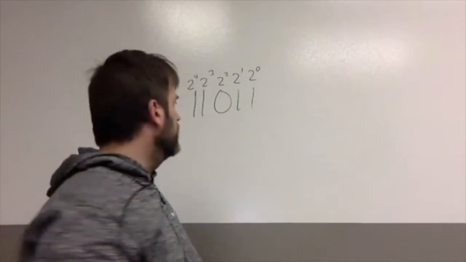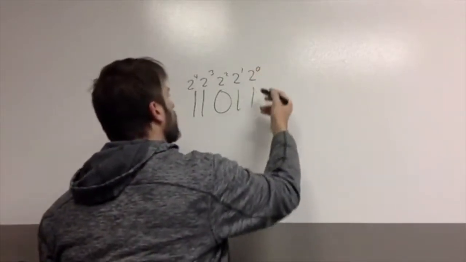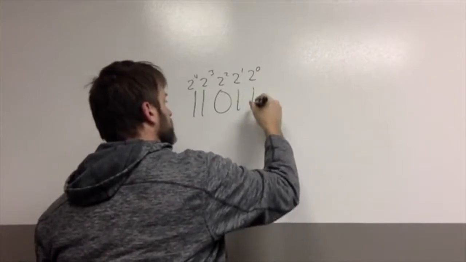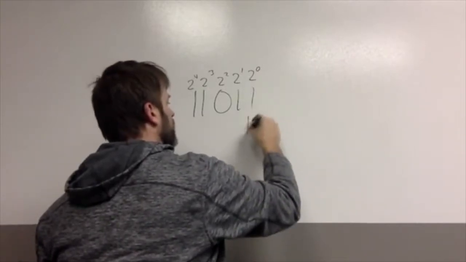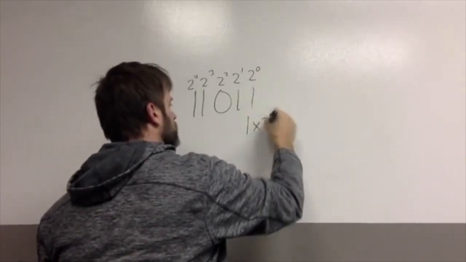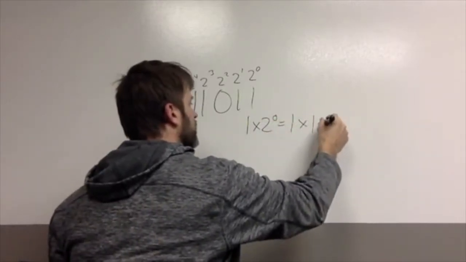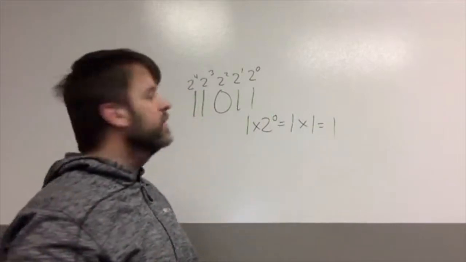That's the way they would view these things. So 2 to the 0 power, anything to the 0 power is 1. So the value of this first digit is 1 times 2 to the 0, which is 1 times 1, which is 1.